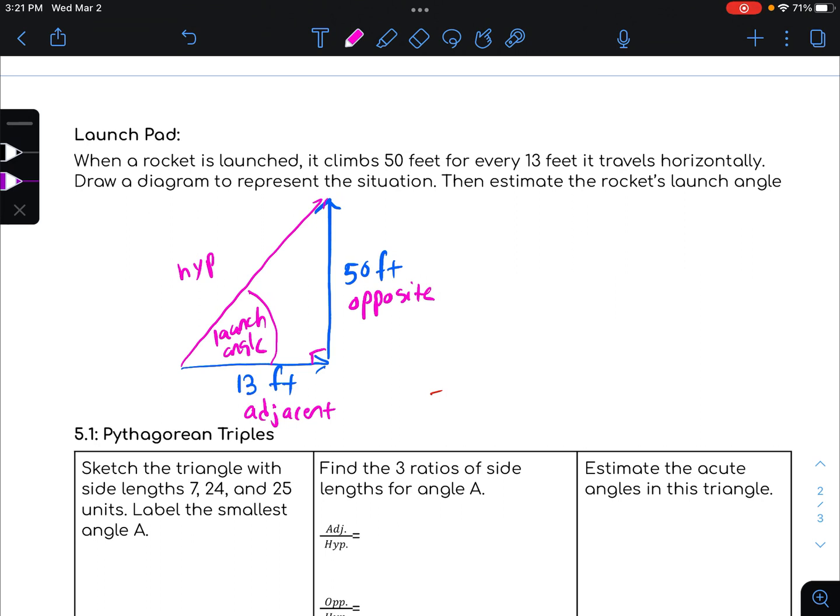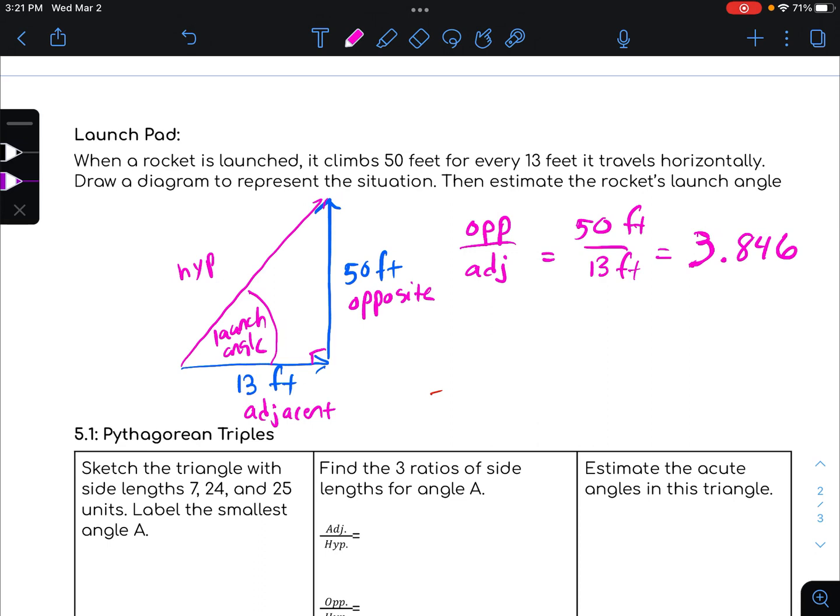So if we then think about the opposite divided by the adjacent ratio, that would be the 50 feet divided by the 13 feet. So 50 divided by 13 would be, now I worked this out, 3.846.